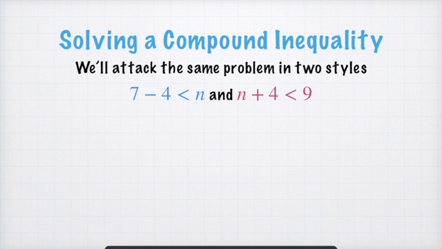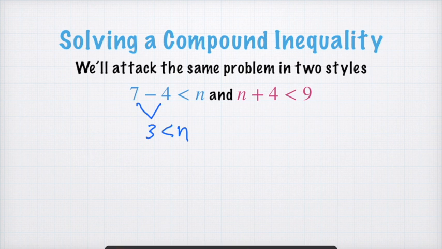Let's attack this problem in two different ways. We'll see this again in just another slide. We're going to start with the blue side, and what we're going to do is say 7 minus 4 is less than n. n is our variable. We can simplify this: 7 minus 4 is 3, so 3 is less than n. That's all we have to do with this one. But now we have to do the other one because we have that "and."